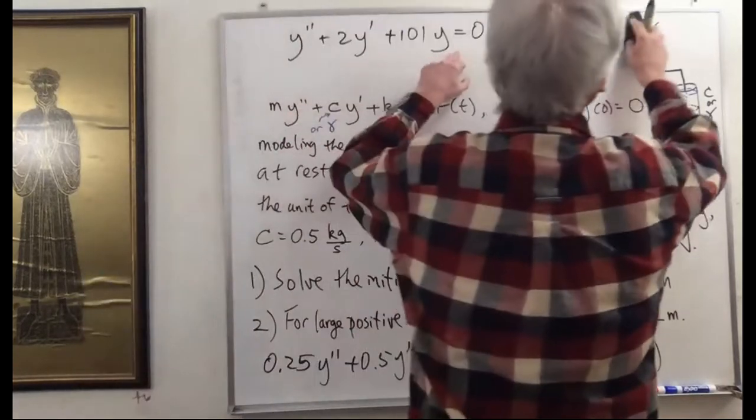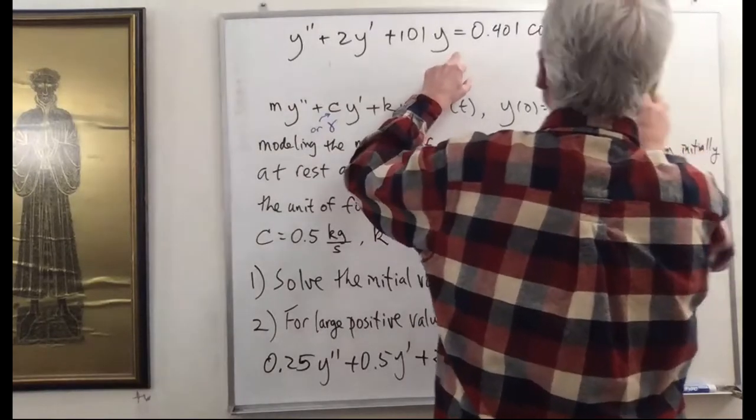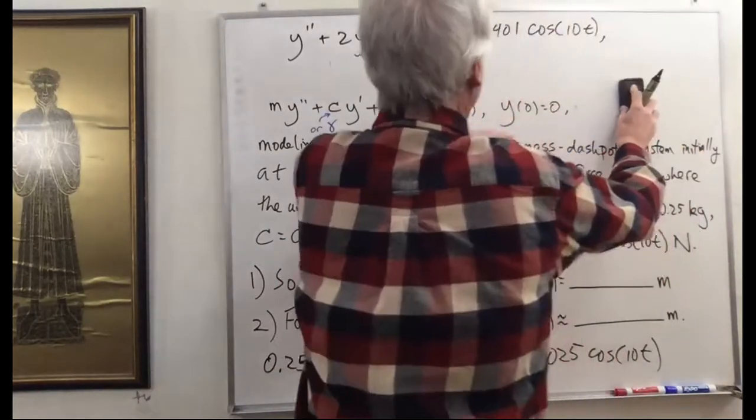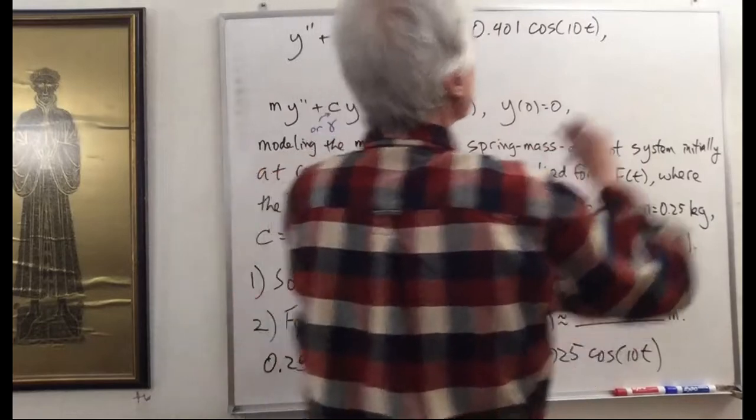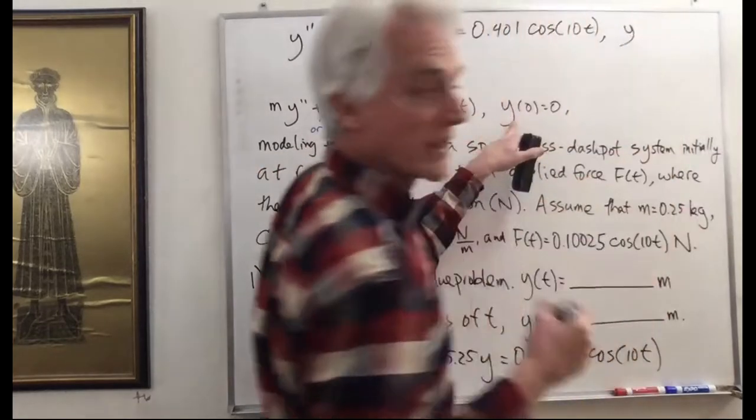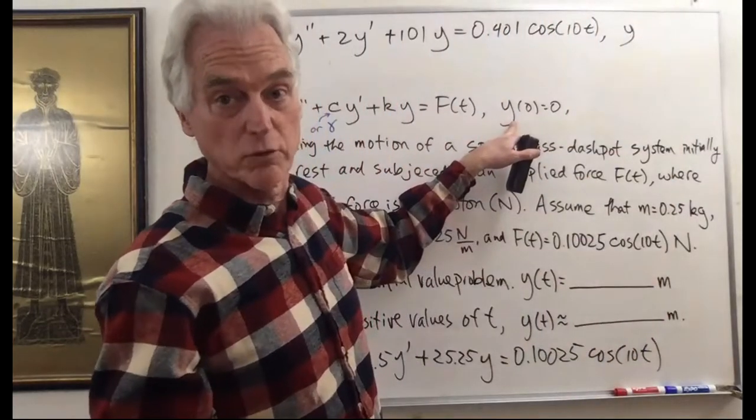I just erased it, but I'll write it down again: the initial conditions are y is 0 and y prime is 0.